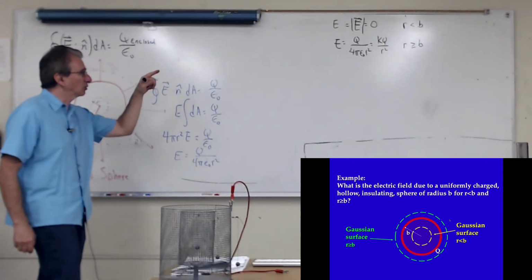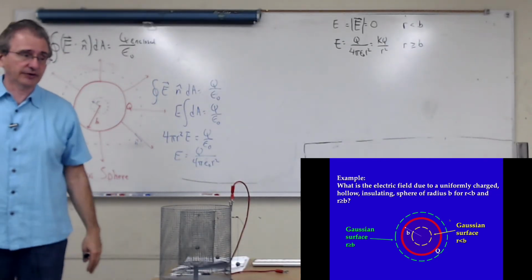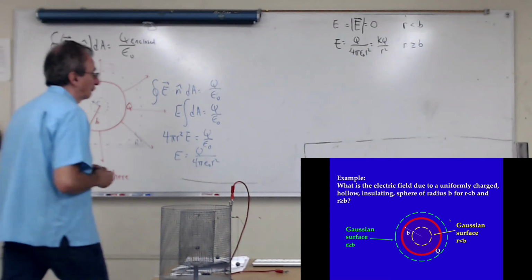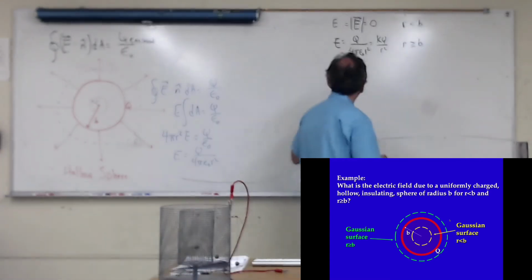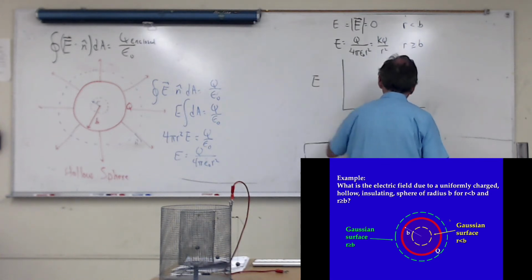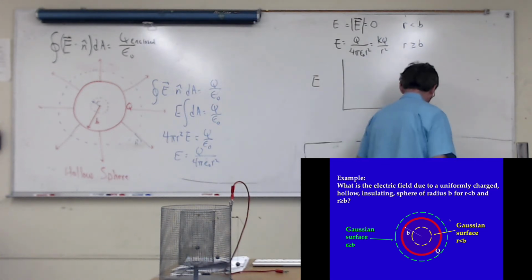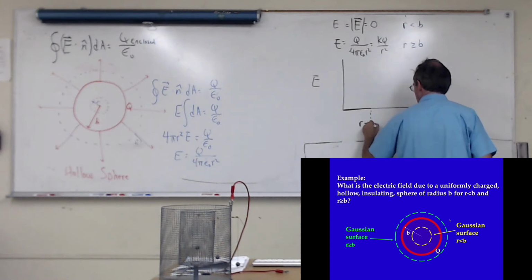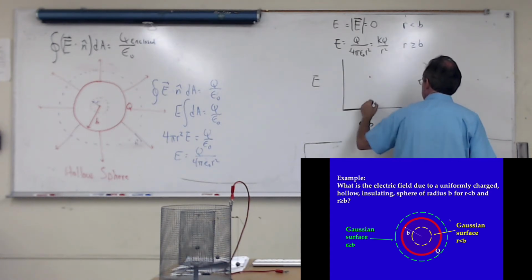There's a discontinuity there because there's charge on the surface of the sphere. And so if I graph the electric field as a function of position, it's going to be 0 up to the surface, and then there's a discontinuity.